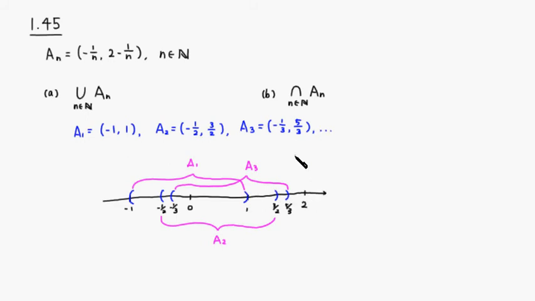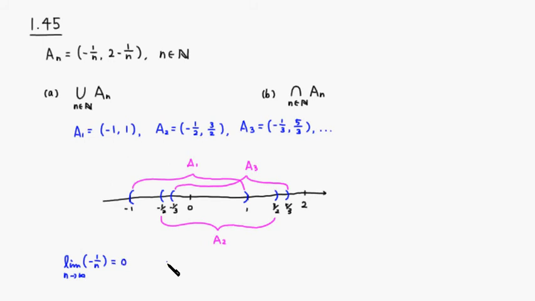We want to know where these are going, so we can take the limit. What would happen to the left endpoint, negative 1 over n, as n gets larger and larger? It's negative 1 over a big number, so it's approaching 0.